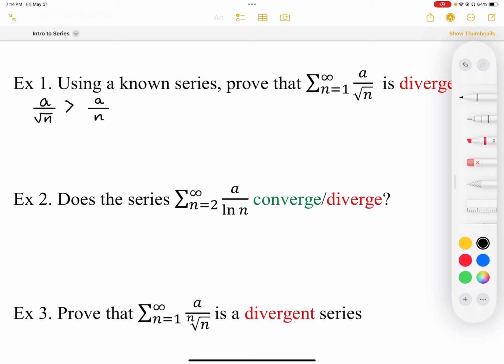Well, if that's the case, we can then start making an argument here. We can say that the sum from n equals 1 to infinity of 1 over square root n, we know that that is bigger than the sum of a harmonic series.